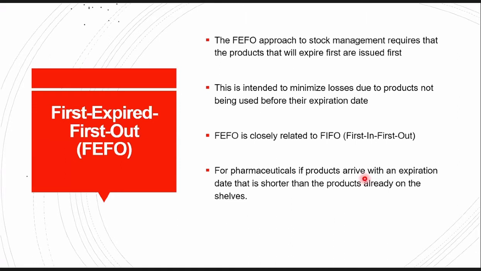So you have to distribute the ones you've received with a short expiry first. Basically, with pharmaceuticals, FEFO is the one that is used, not FIFO.